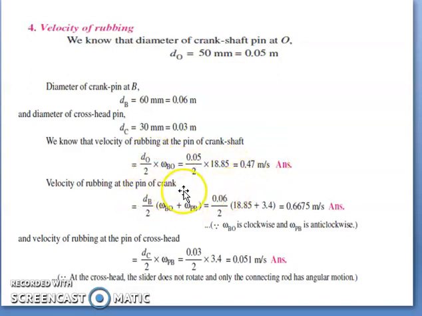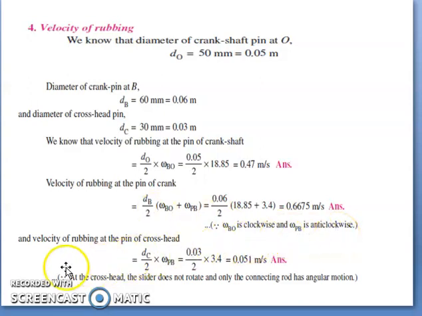Since this pin connects the connecting rod as well as the crank, it is omega of the connecting rod PB plus omega of the crank into R. They rotate in opposite directions, so you take it as positive.